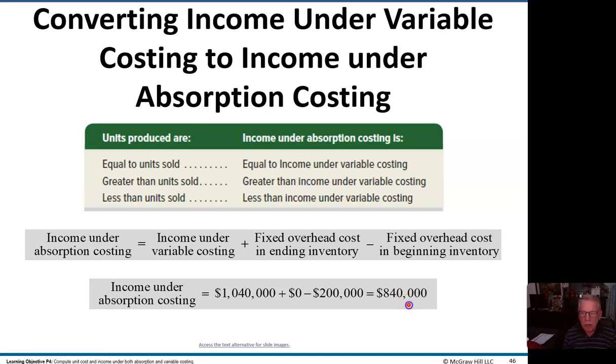That would give us income under absorption costing here of $840,000, because the fixed overhead cost in the beginning inventory was not the same as that which was in ending.